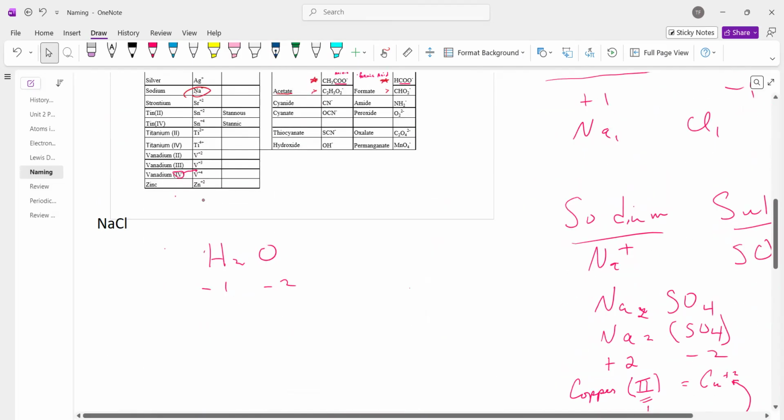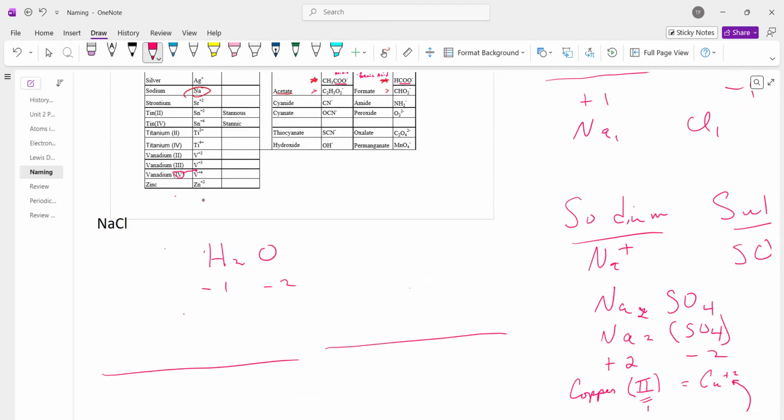So, how many hydrogens do we have? Again, this is in 2 parts. So, it's hydrogen off the periodic table. And over here is an ide. So, what's oxygen?